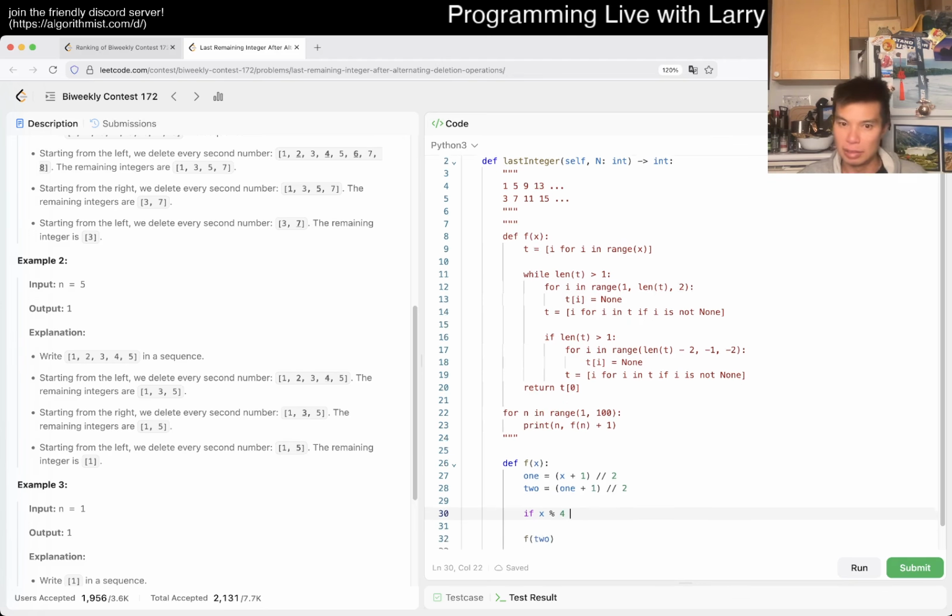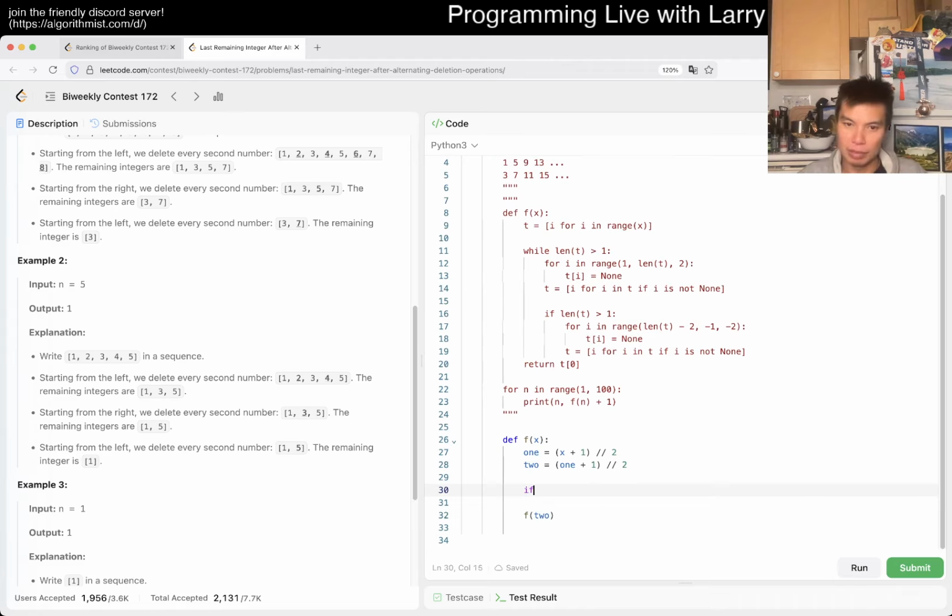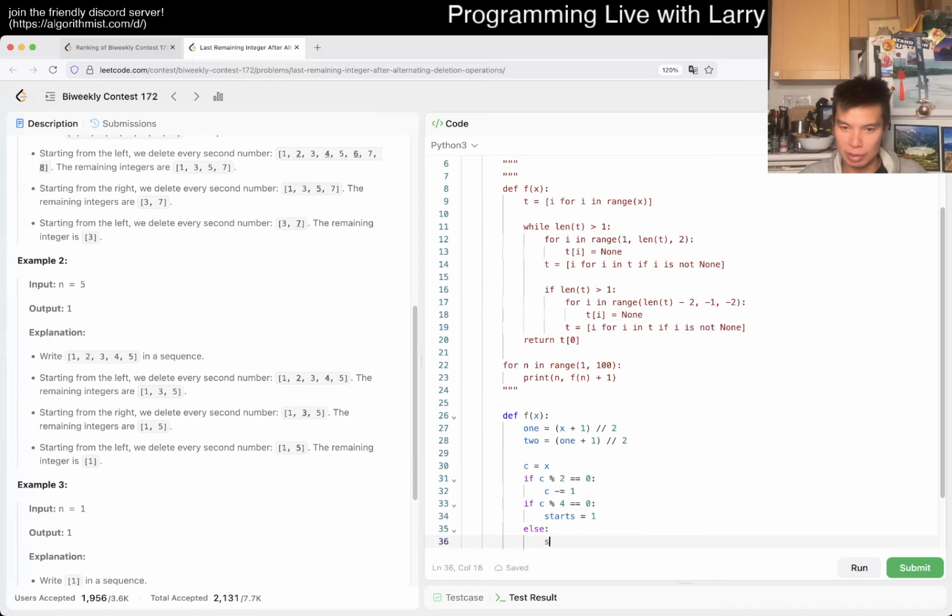Okay, so if x mod 2 is equal to 0, then we just choose an even one, right? Okay, let's just say c is equal to x. Okay, and then if c mod 4 is equal to 0, then starts is equal to 1, else starts is equal to 3.